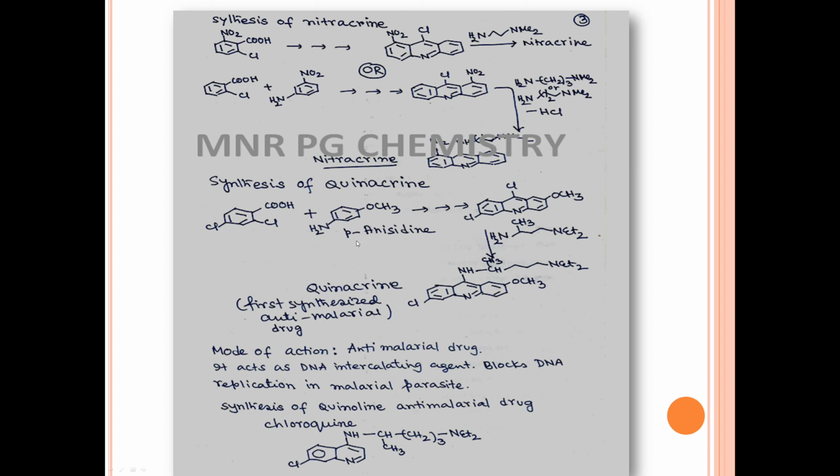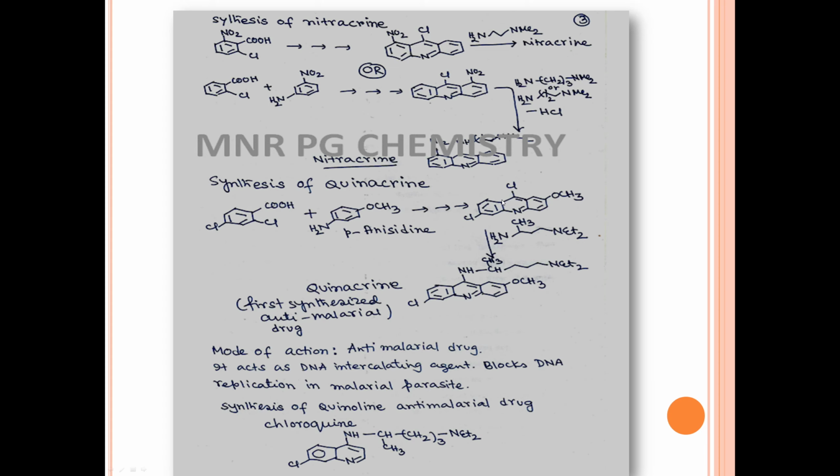So this is para-anisidine. When it undergoes the reaction, nucleophilic substitution, HCl will go. Then the intramolecular Friedel-Crafts acylation will give us, as usual, the tricyclic molecule.